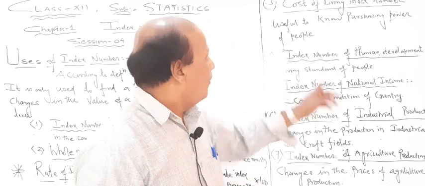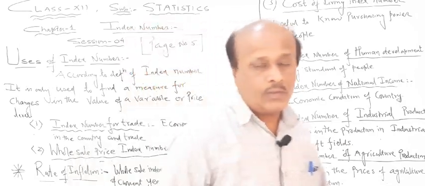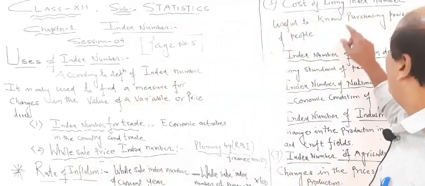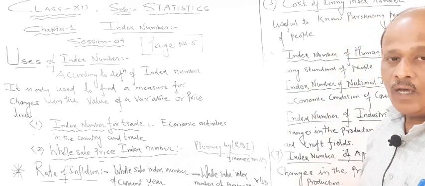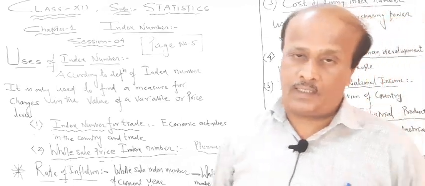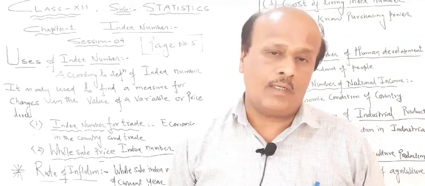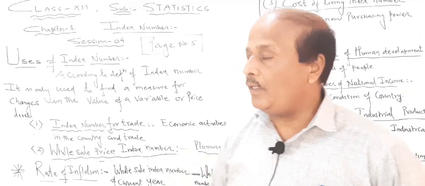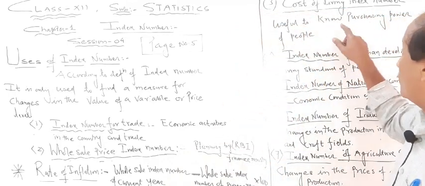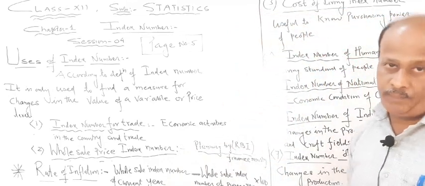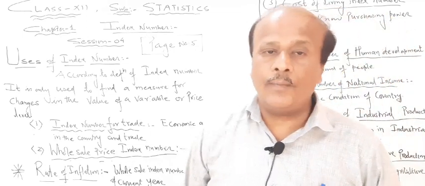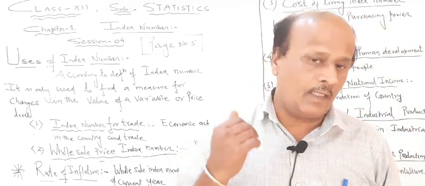Now the third use is the cost of living index number. The cost of living index number tells the condition of the people of that particular country. For example, it is useful to know the purchasing power of people. What happens if the cost of living index number is very high?